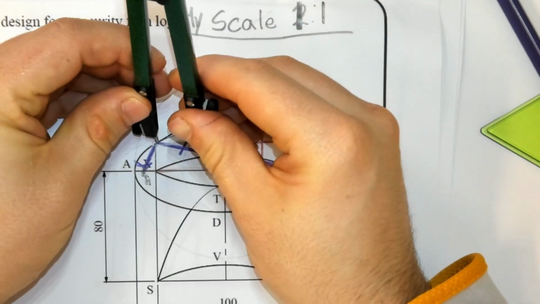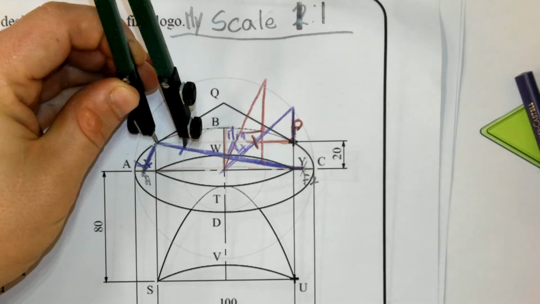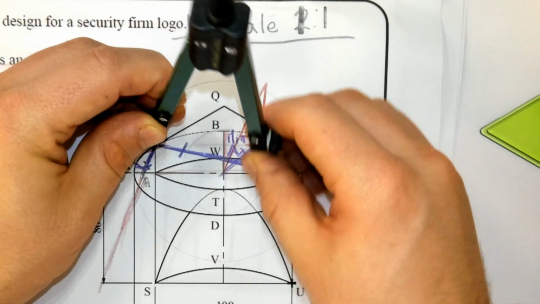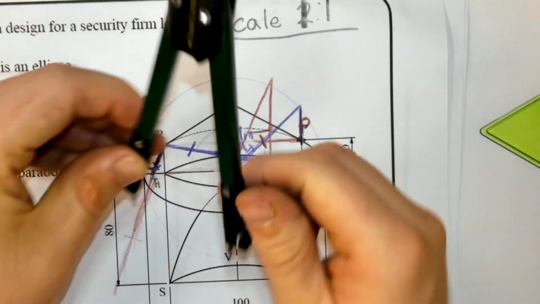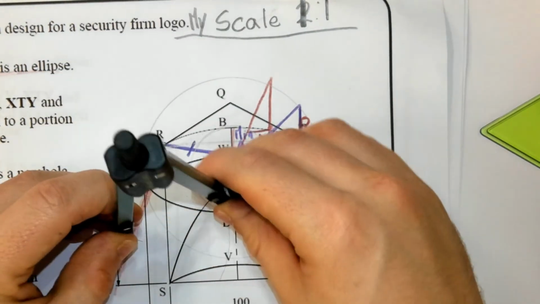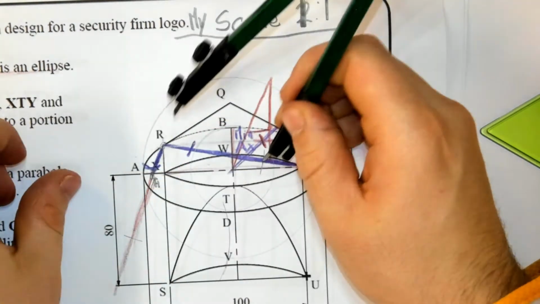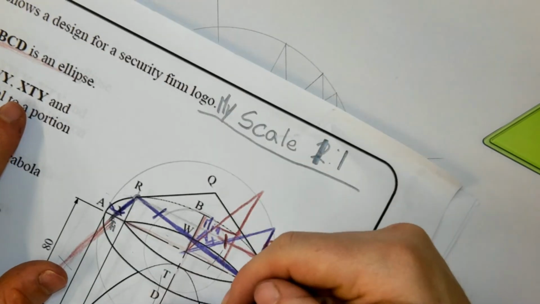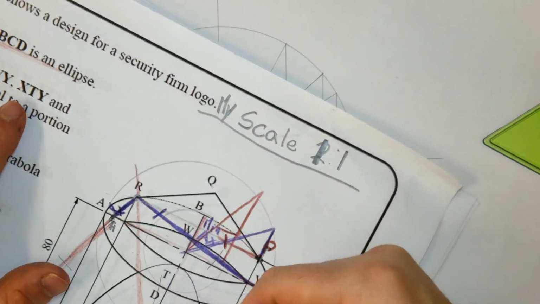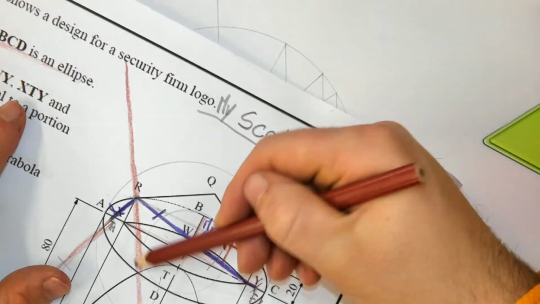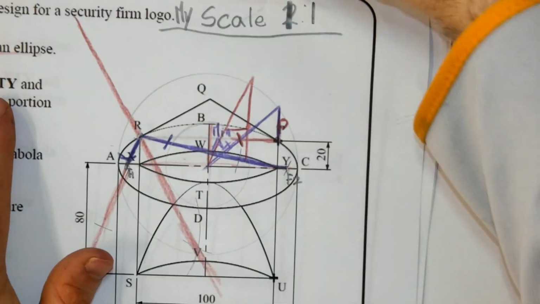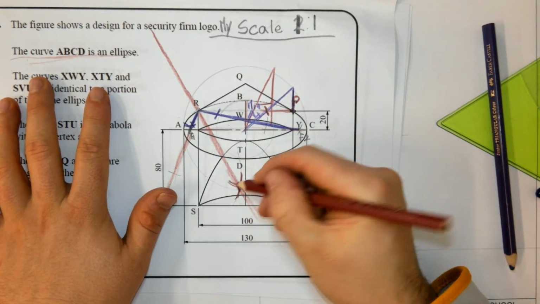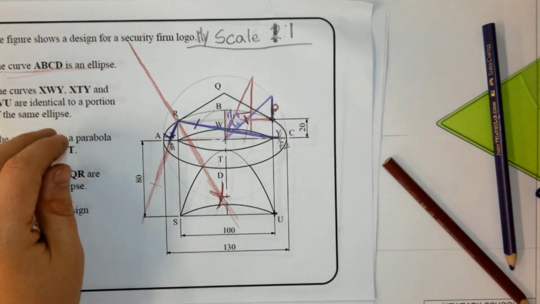So set your compass to any radius, the longer the better. So swing your arc. Oh, sorry there. So that's the bisector. We'll do that again.